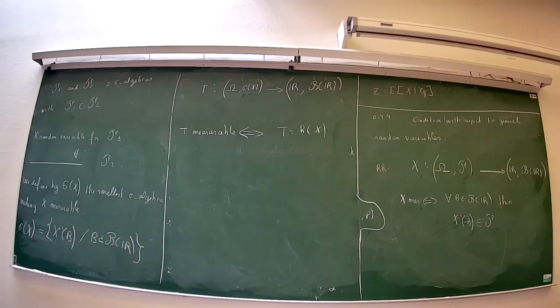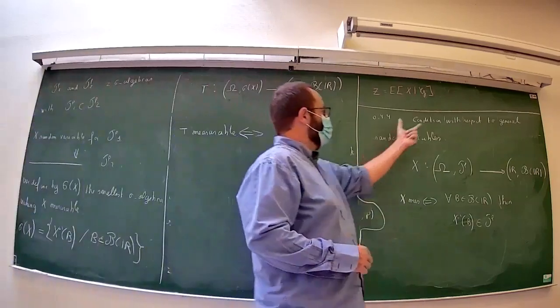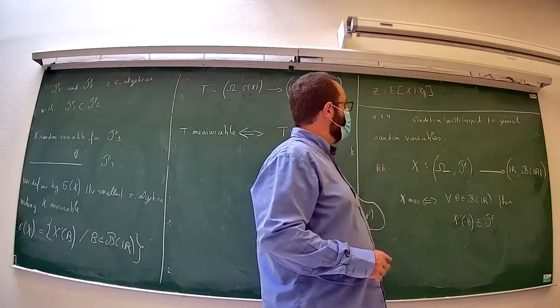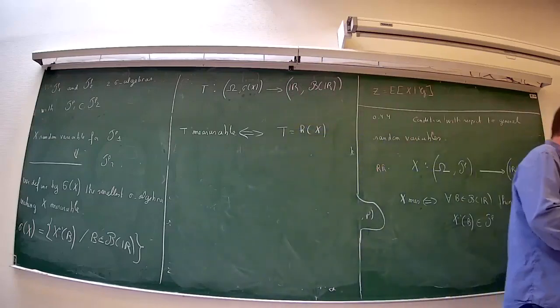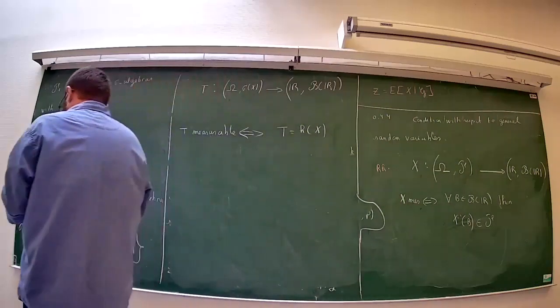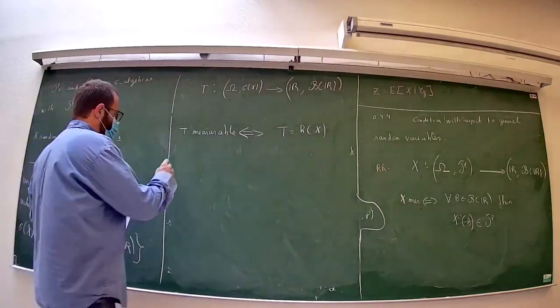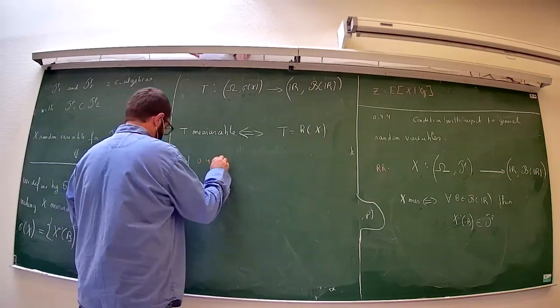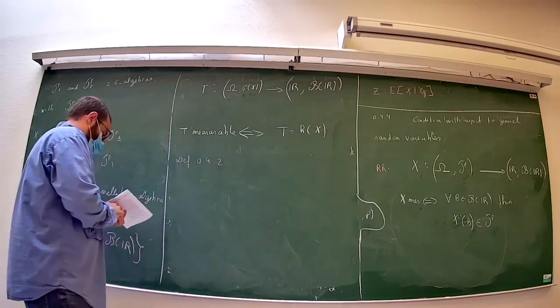And now I have everything to give what is conditioning with respect to a random variable. It's a very short definition now because I have everything. So definition 0.4.2.